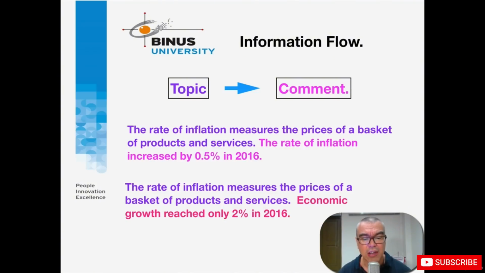Well, it starts off talking about rate of inflation in the first sentence, then in the second sentence there's a sudden jump to economic growth, and there's no clear connection from rate of inflation to economic growth. This is going to be confusing for the reader and it breaks the information flow.